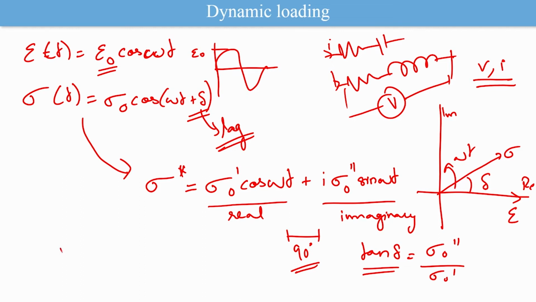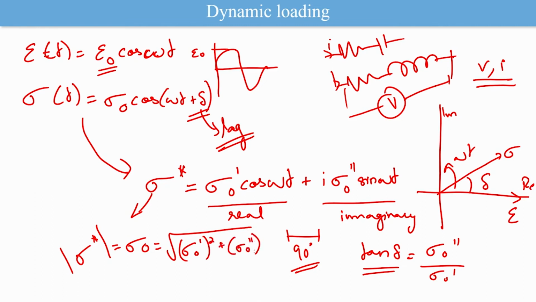Also, the magnitude of this complex stress function, sigma 0 itself, is equal to root of sigma 0 dash the whole square plus sigma 0 double dash the whole square. Basically, sigma 0 dash is nothing but sigma 0 cos delta and sigma 0 double dash is equal to sigma 0 sin delta.